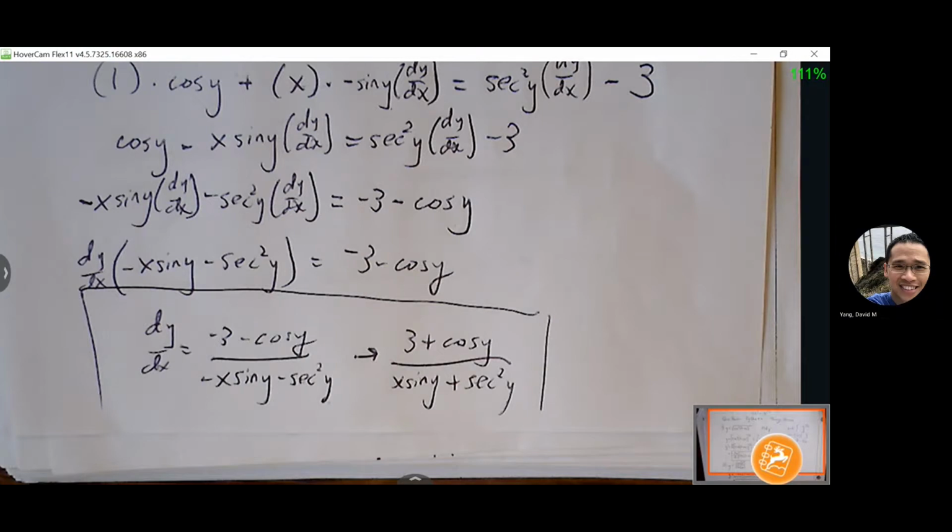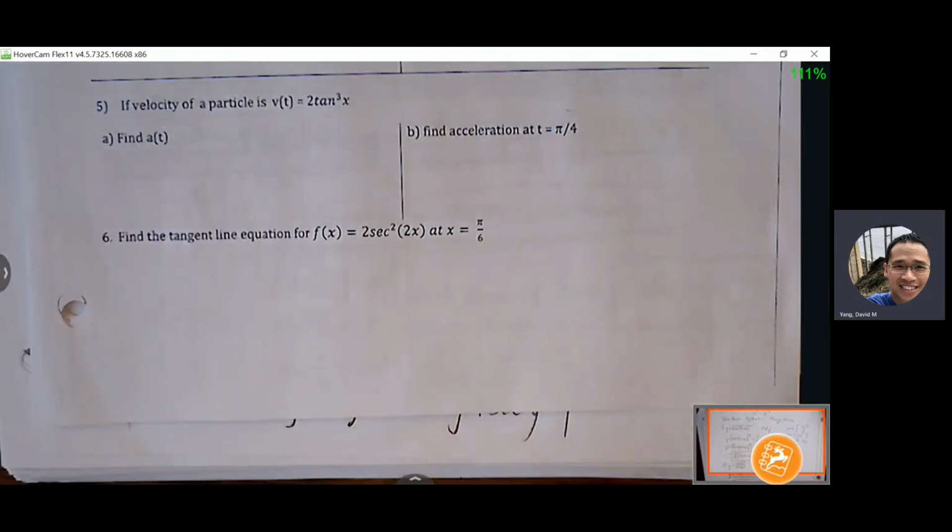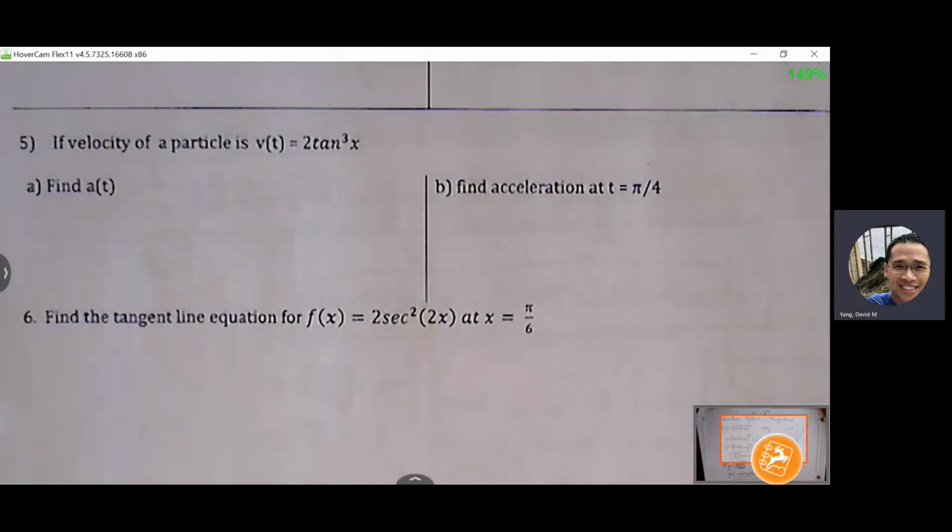Okay, take a look at number 5. Okay, so number 5 says velocity is 2 tangent cubed x.